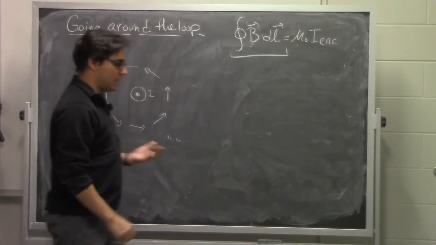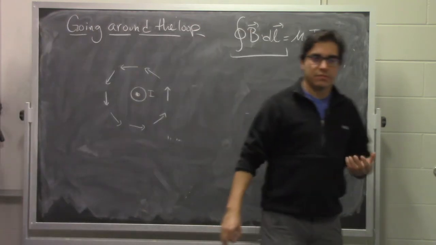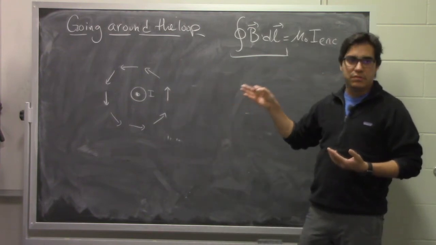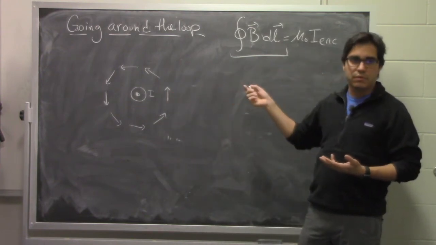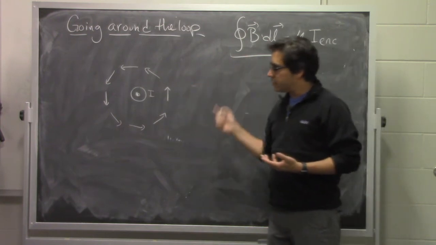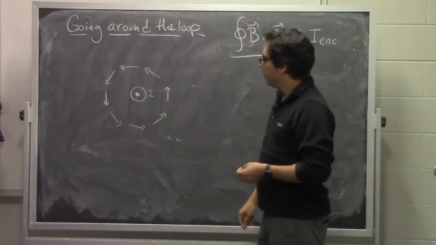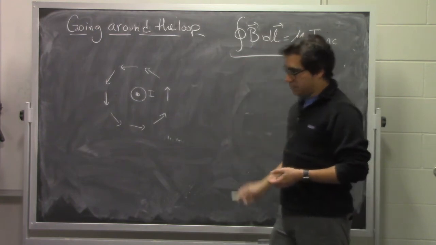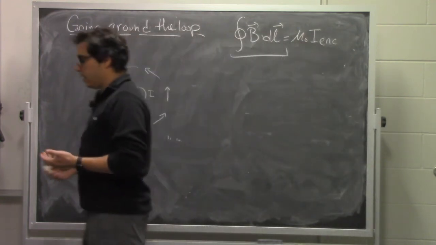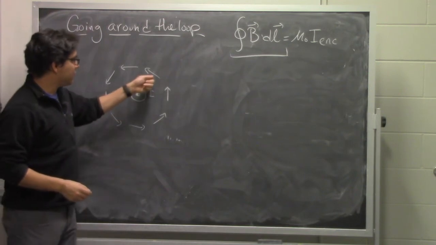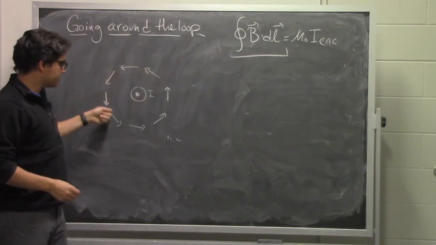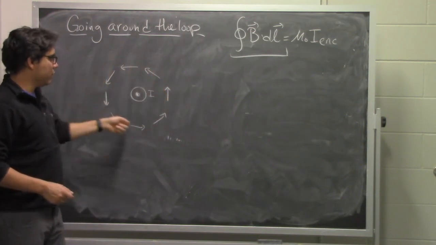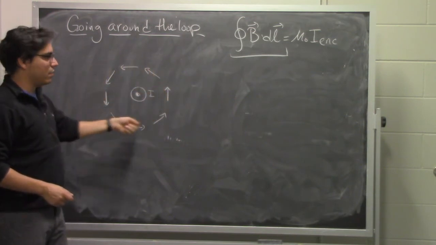At any given distance from the center of the wire, the magnetic field is the same magnitude, and it points in this direction going around the wire. So for a given choice of distance, we end up calculating something that has to do with the magnetic field at that location and the circumference, or perimeter, of the loop we've chosen.